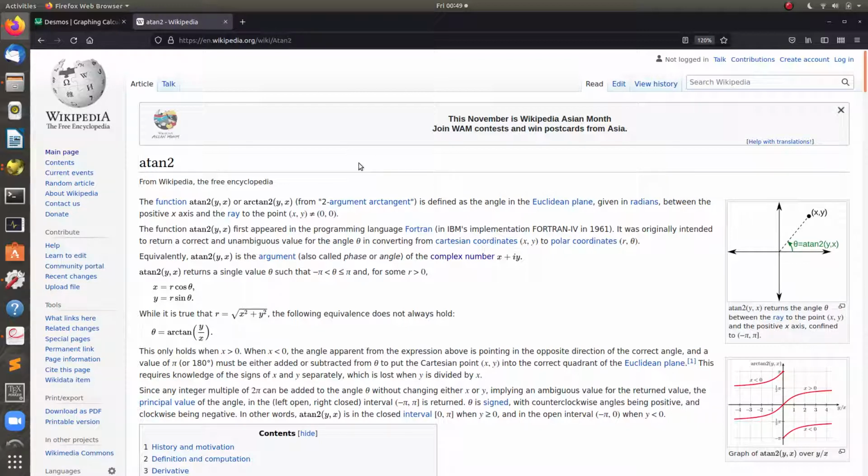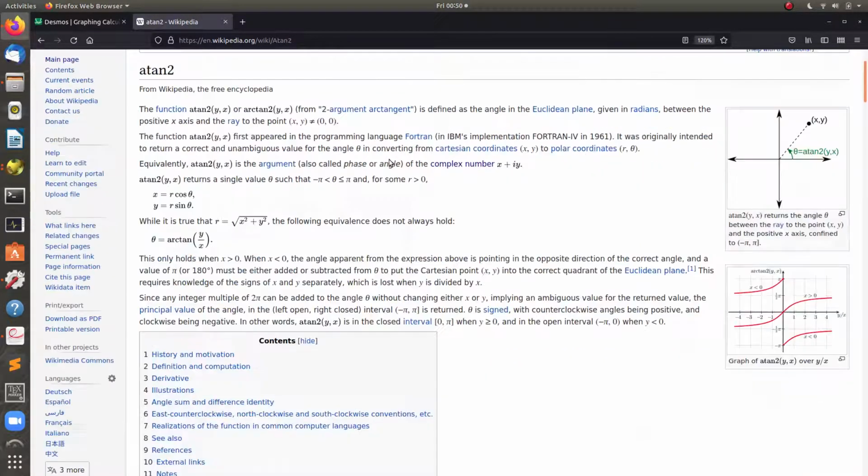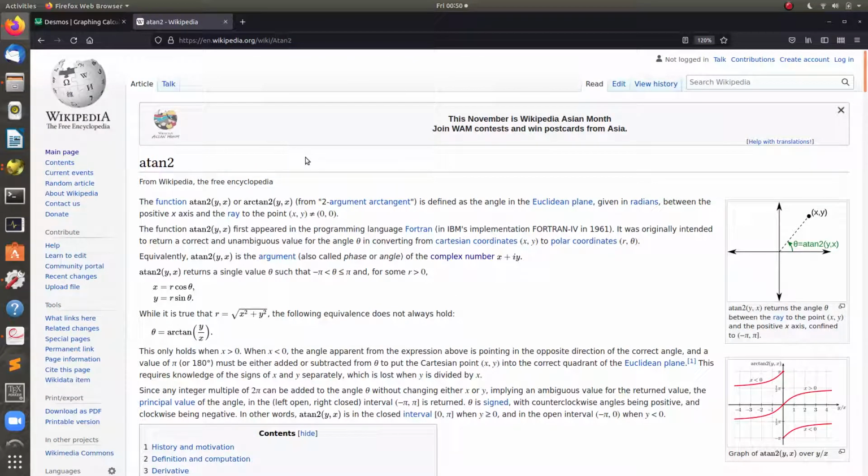The arctangent function can give you a bit of ambiguity, which is bad if you want something to be pointing in a particular direction. For simpler things, it's not an issue, but for what we're doing, it's important that we use atan2. You can read the Wikipedia page if you're interested, but I won't be going into it here.